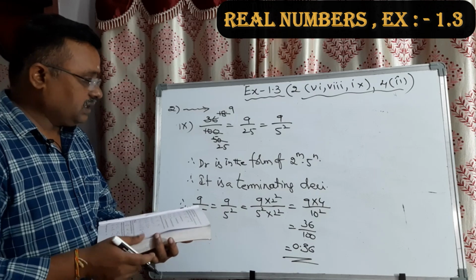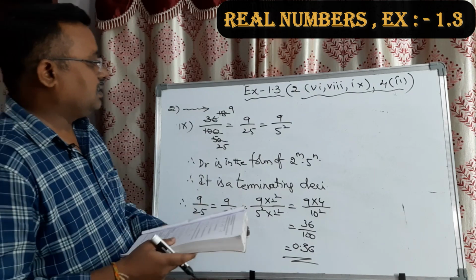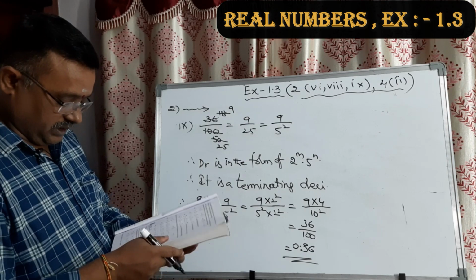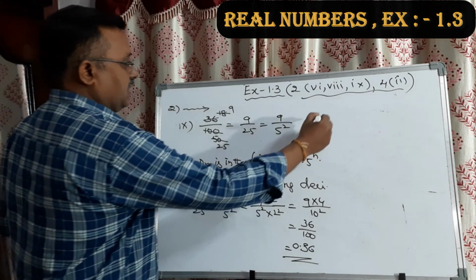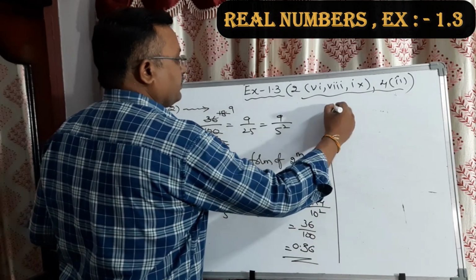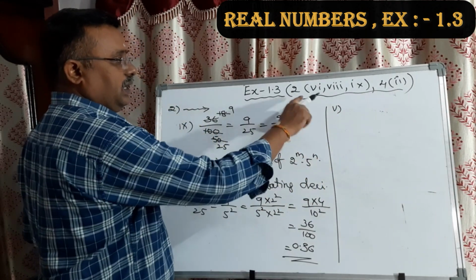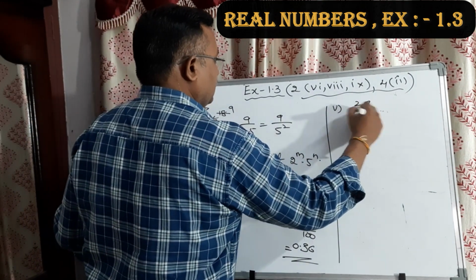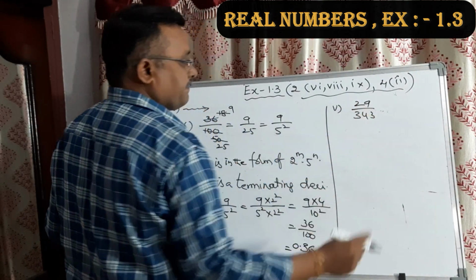So actually I was supposed to give a non-terminating recurring model. For that, I will take the fifth question. I am including that one. The number is 29 by 343.